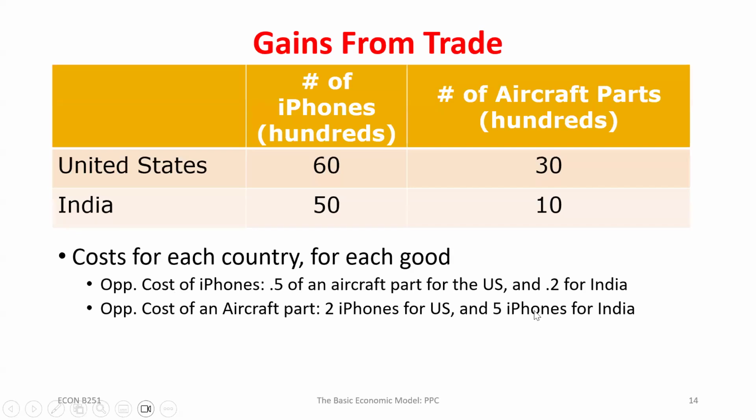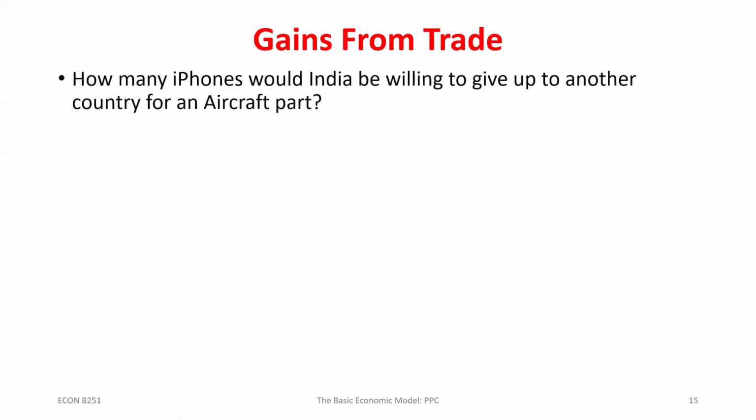And the cost to India was 5. Right? So how many iPhones would India be willing to trade with the US to get one more aircraft part? Well, if they do it themselves, how many iPhones did they have to give up? If they produce an aircraft part, I just said the cost to India was 5.